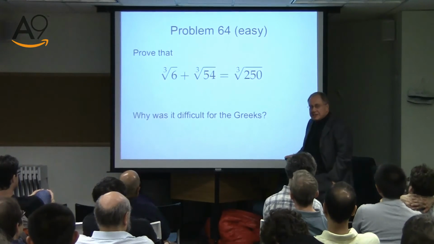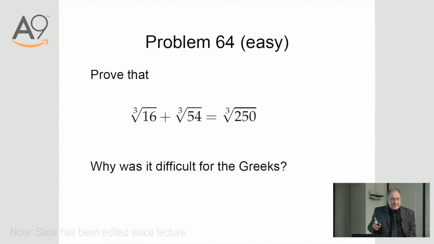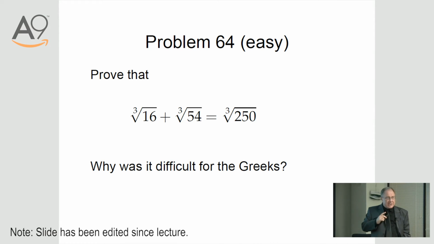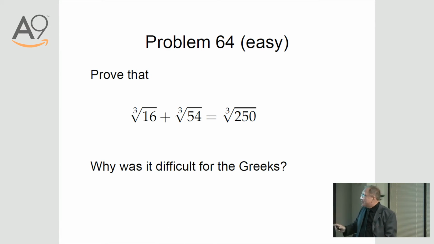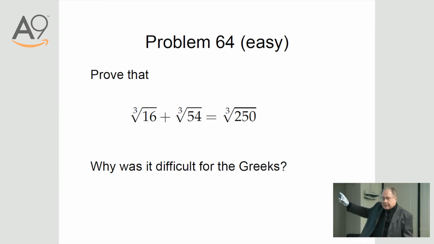So some homework problems. The first problem is very easy, but you have to do it. I'm not going to do it here. But we need to spend just a couple of minutes thinking about it. Why was it a difficult problem? Why did Greek mathematics have such a difficulty discussing these things?